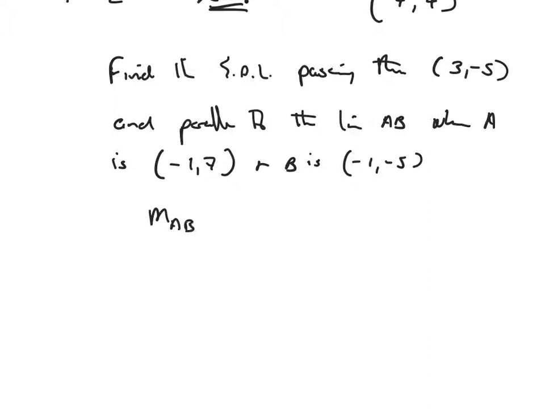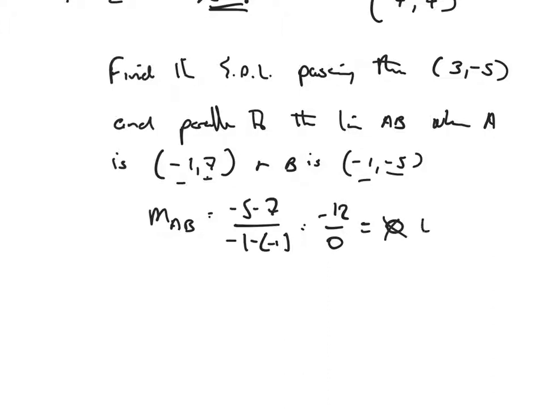Okay, so let's find the gradient of AB. y2 minus y1, minus 5 minus 7 over minus 1 minus minus 1. So that's minus 12 over minus 1 plus 1. So that's minus 12 over 0. Now, that does not hold a 0 result.